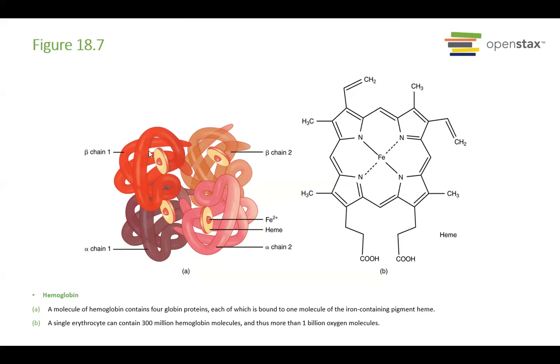You see beta chain one with a heme, beta chain two with a heme, alpha chain one with the heme, and alpha chain two with the heme. Who binds in this heme? It is oxygen. So how many subunits do I have for hemoglobin? Four subunits. Each subunit has a heme.